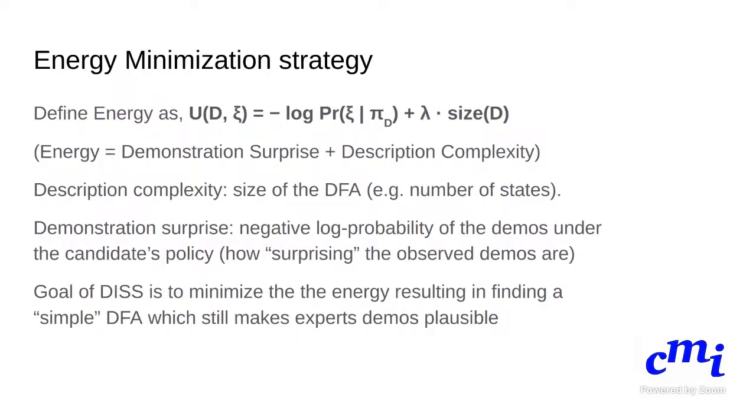I'll just read it: energy is defined as the sum of the negative log probability of the path given that policy and the size of the automata. You can read the negative log probability as a demonstration surprise, or how surprising is that demonstration given that the DFA here has a policy.